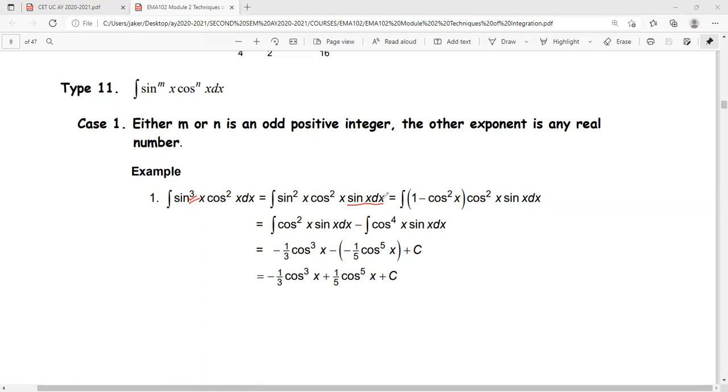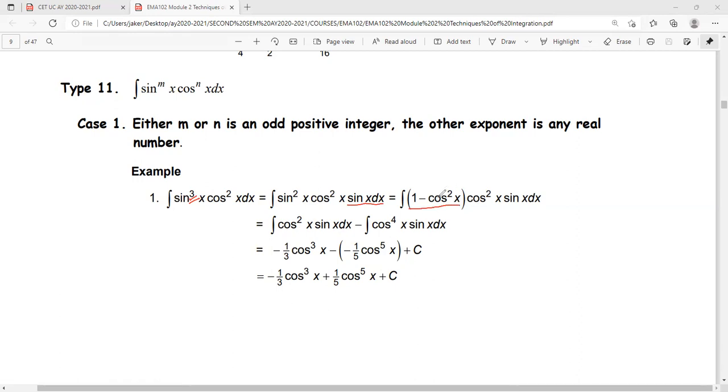Now, since sine x is related to the cosine in a way that cosine is its derivative, or vice versa, cosine has the derivative sine, only that it's negative, then convert class this sine squared here using this identity 1 minus cosine squared x. Okay?